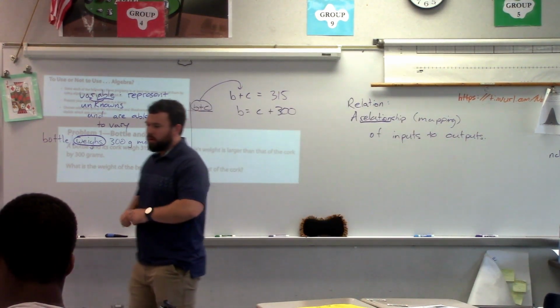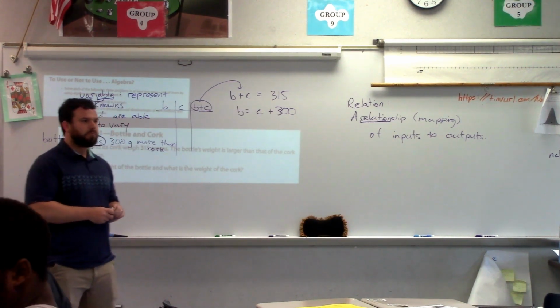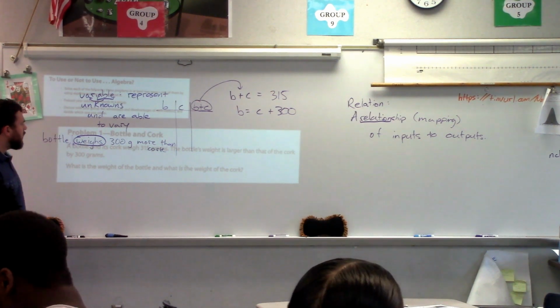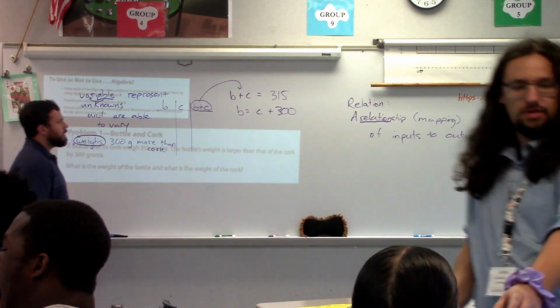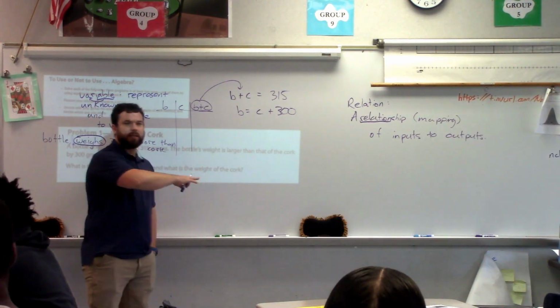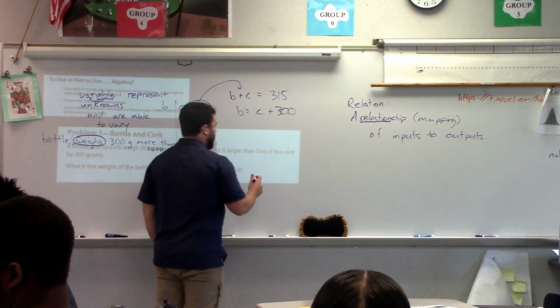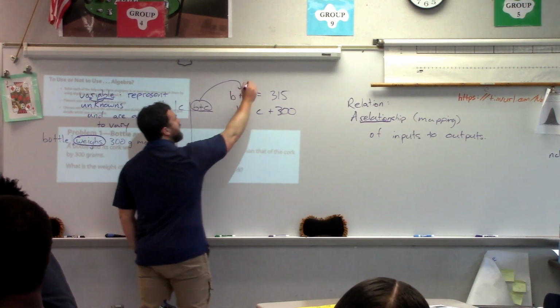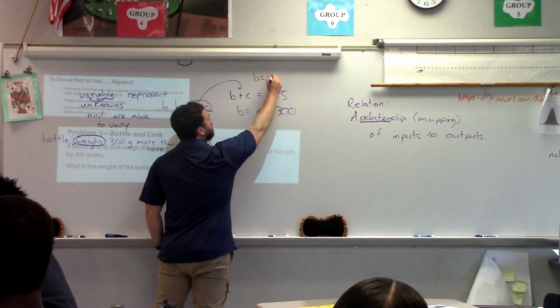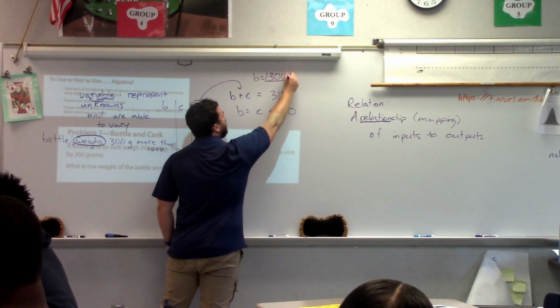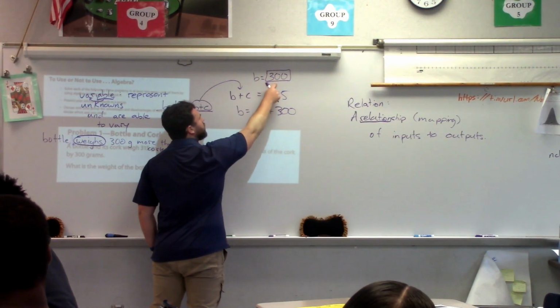So, here's what I want to address really quickly. Alright? Out of the algebra side to help support you in moving forward, I will point this out: if my bottle was 300, what could I do with this 300 and this B?